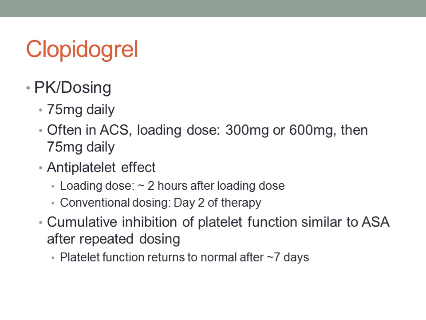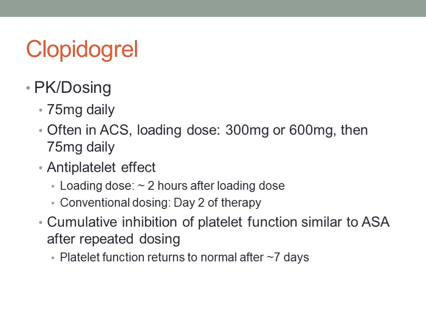We'll start with clopidogrel, which is dosed typically at 75 milligrams a day. Often in ACS, a loading dose of 300 milligrams or 600 milligrams is used, and then you use a maintenance dose of 75 milligrams. The antiplatelet effect of the loading dose usually occurs about 2 hours after the dose, and with conventional dosing, it happens on about day 2 of therapy.